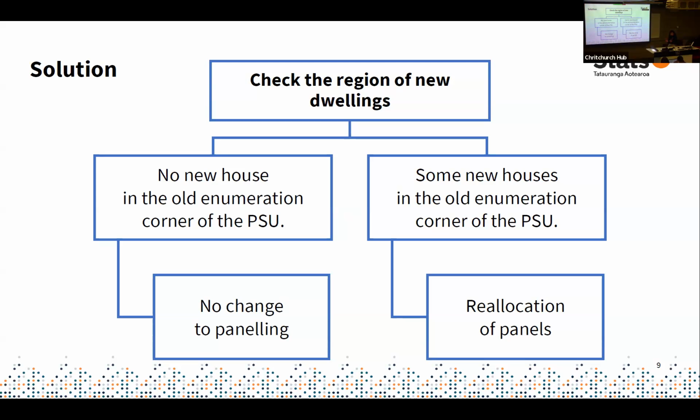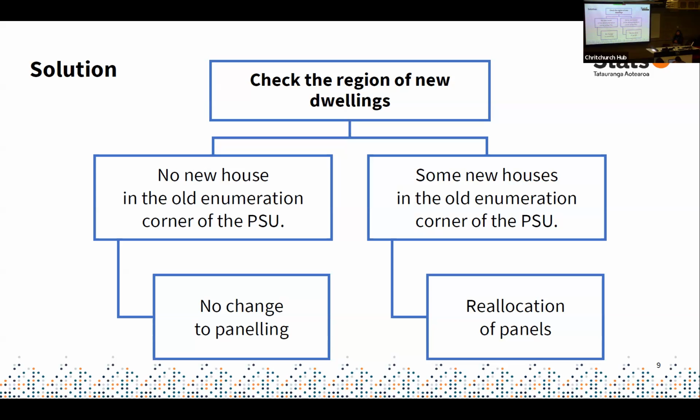For that finite period of time, we assumed that the new houses do not exist for that specific PSU, although those new houses were still being included in the outputs using benchmarking at the end. This is for a finite period of time, because after every census we do PSU reformation, when these houses are taken into account again.